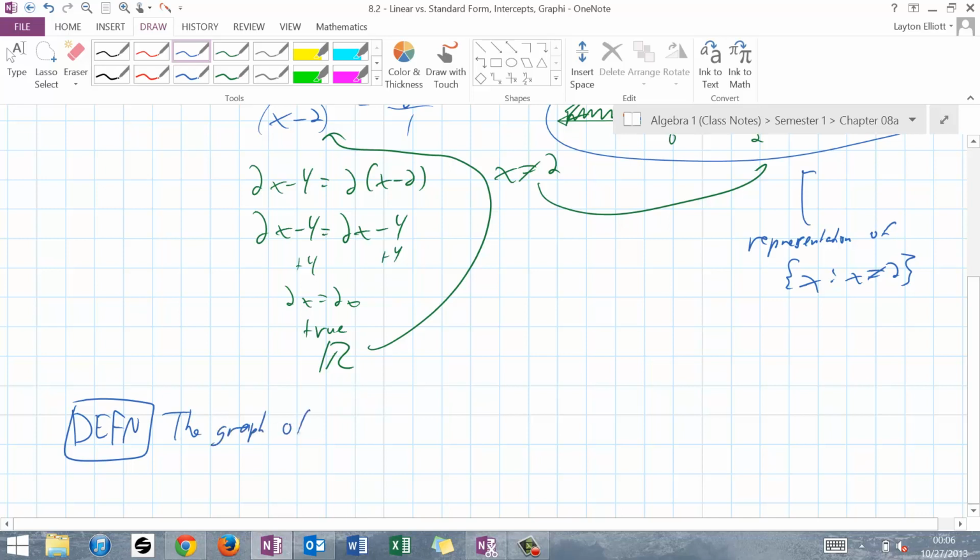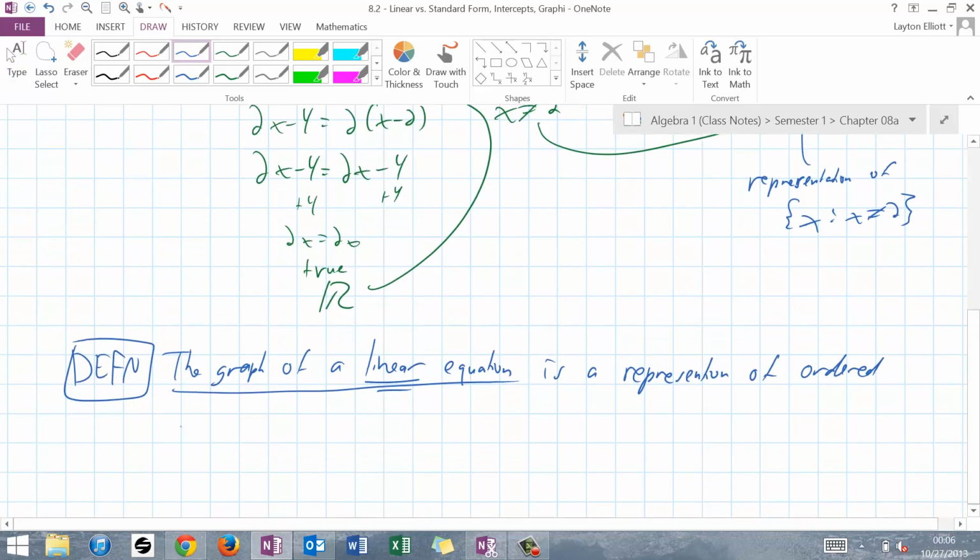The graph of a linear, emphasis on the linear, equation is a representation of ordered pairs in a linear equation.